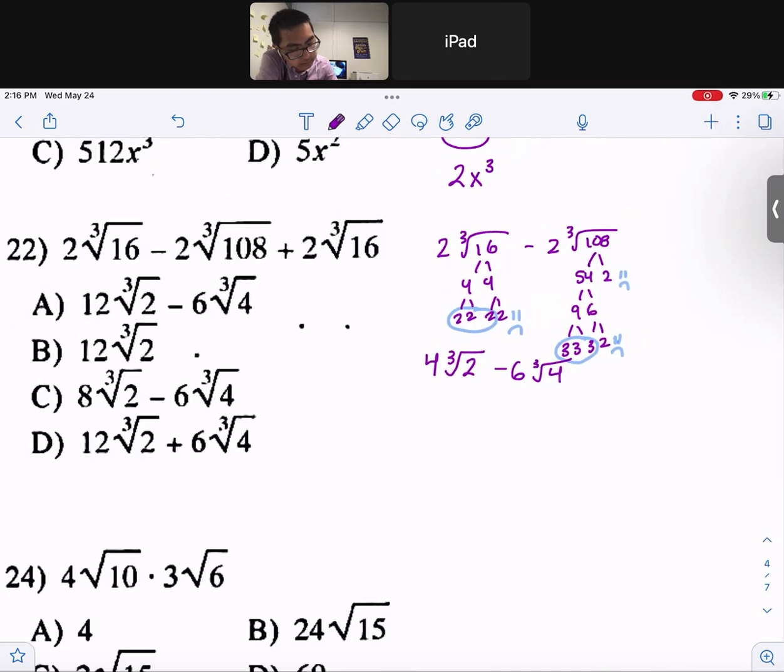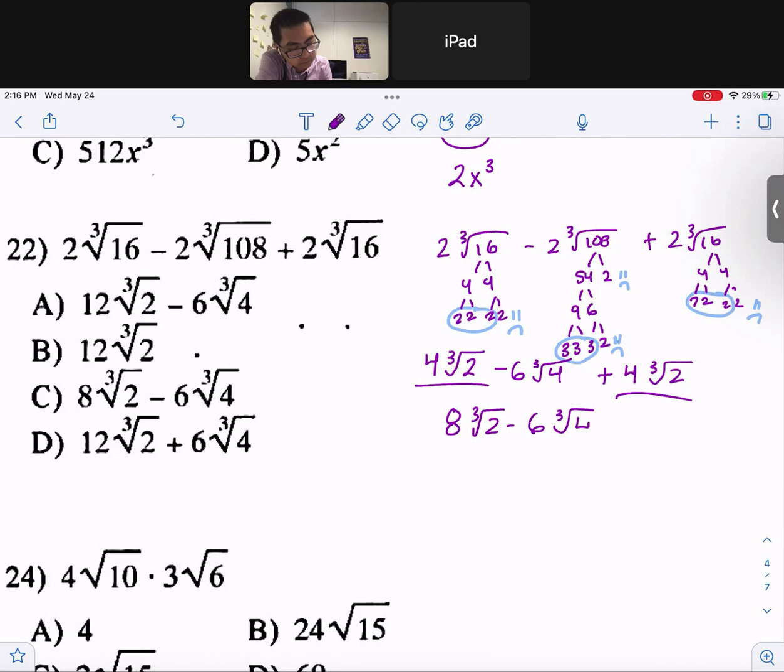And then lastly, 2 cube root of 16. 4 times 4, 2 times 2, 2 times 2. Triplet of 2s, leftover of a 2. So this times the outside is 4 cube root of 2. So the only ones we can combine are these two. So 4 plus 4 is 8 cube root of 2 minus 6 cube root of 4.